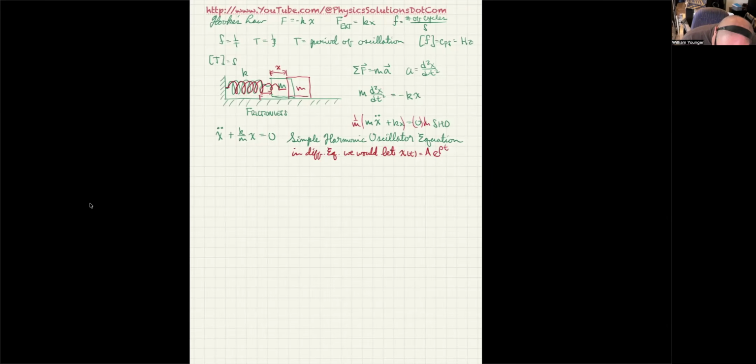In physics, and in this physics course slash book slash text, we let x equal a cosine of omega t plus phi.